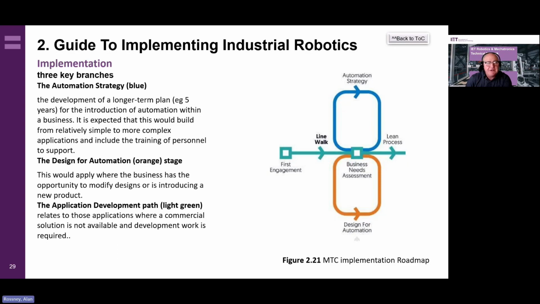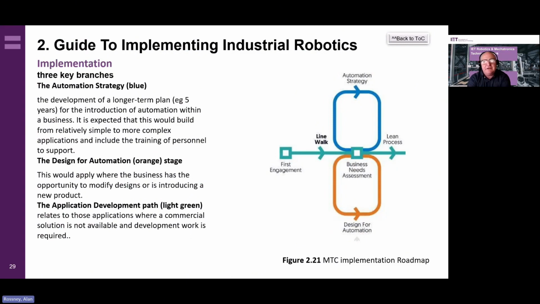Design for automation then is the loop in orange there. That stage would apply when the business has the opportunity to modify designs or is introducing a new product. This provides the opportunity to consider the automation of the tasks required to produce the product during the design phase. So if you're designing the product itself, being able to consider automation in its design may help quite a lot.